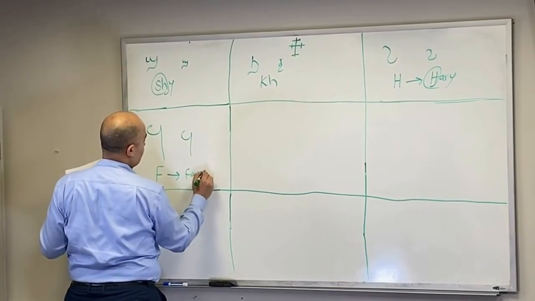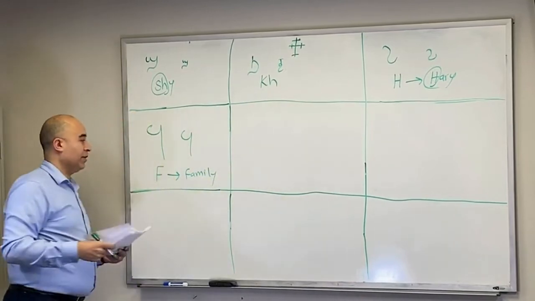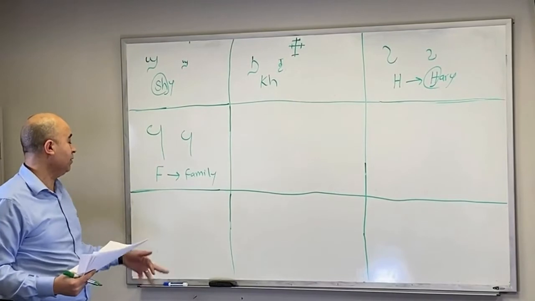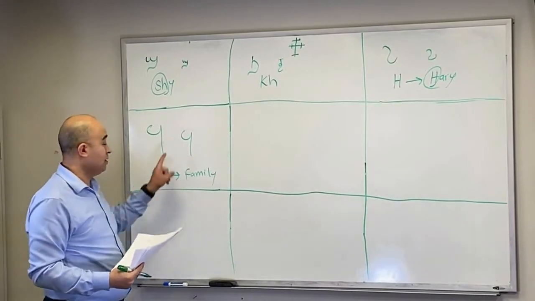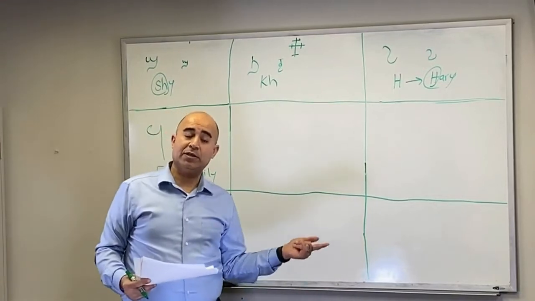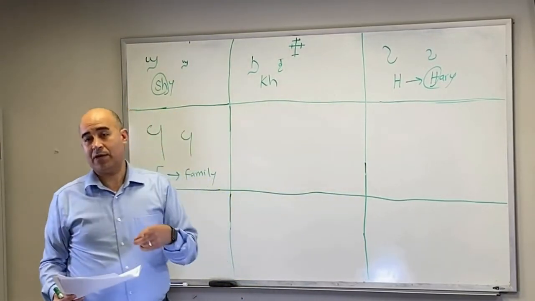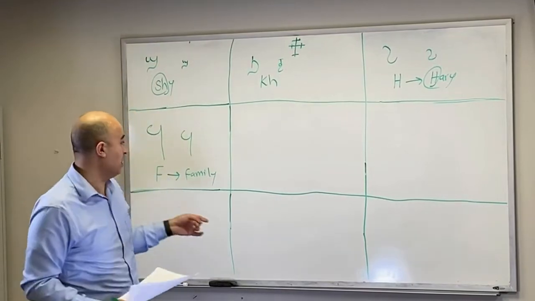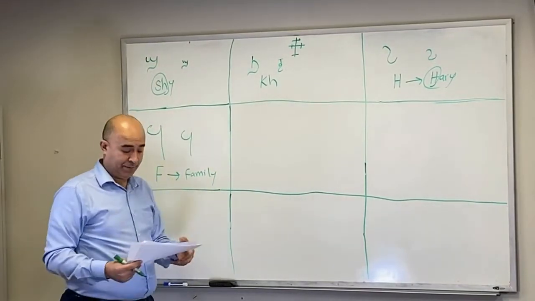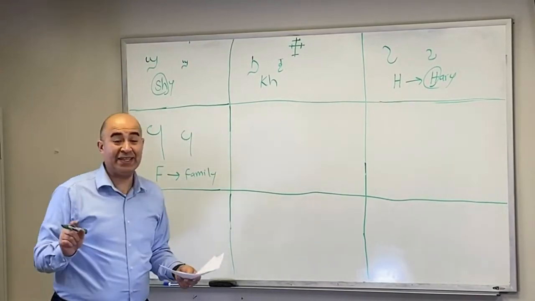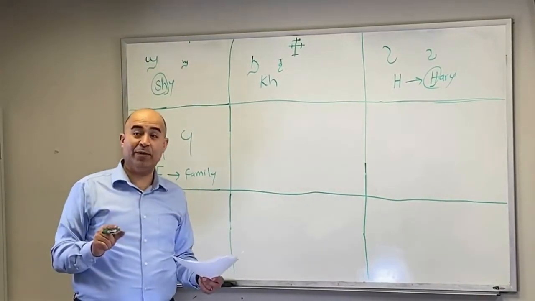Remember this, because it's going to make your life a lot easier when you experience the letters while you're praying or while reading Coptic. There are two F's in Coptic, and the reason is one of the letters is actually Greek, and one of the letters is actually imported from our original language, the Coptic language, and that's why you have two F's. But they're both pronounced as F, like in family.